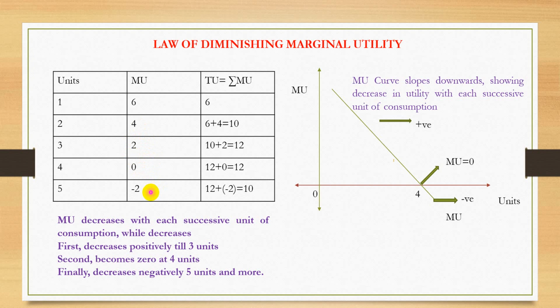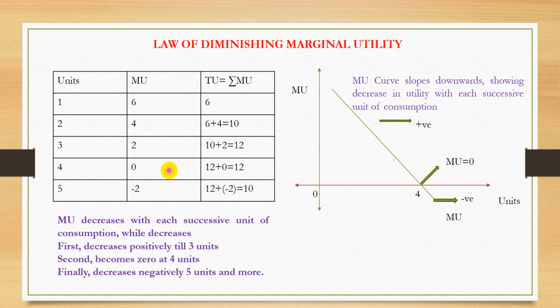When he consumes the fourth unit of apple, it does not give any additional satisfaction to him. So MU is 0 because it is a point of satiety for him. Hence the marginal utility of the fourth unit of apple becomes 0.